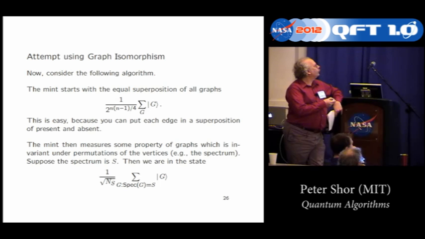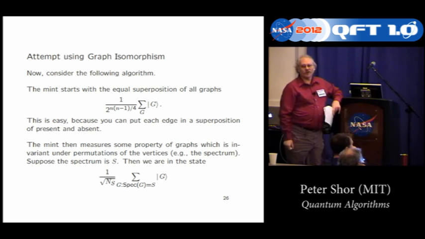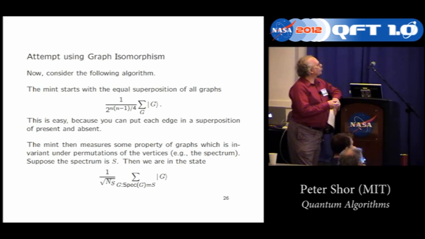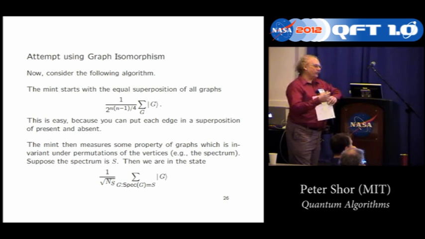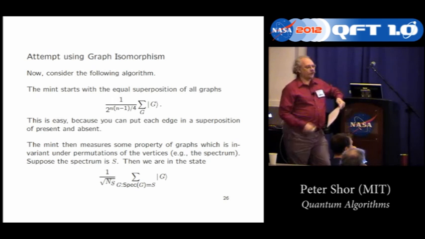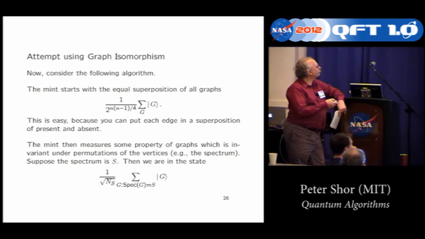So here's our graph isomorphism algorithm. Well, you start with the equal superposition of all graphs. That's easy to create because you put each edge into a superposition of being in this graph or not being in this graph. And that gives you the equal superposition over all graphs.